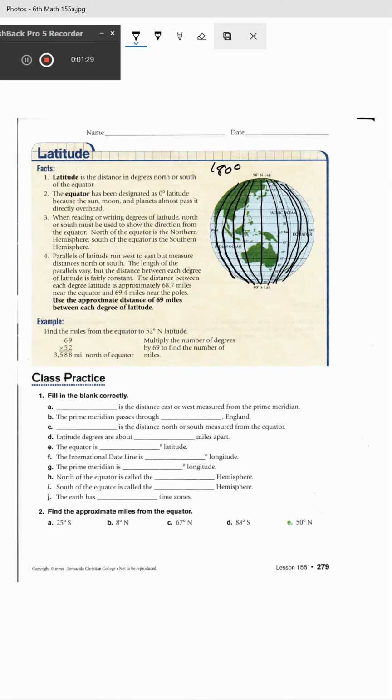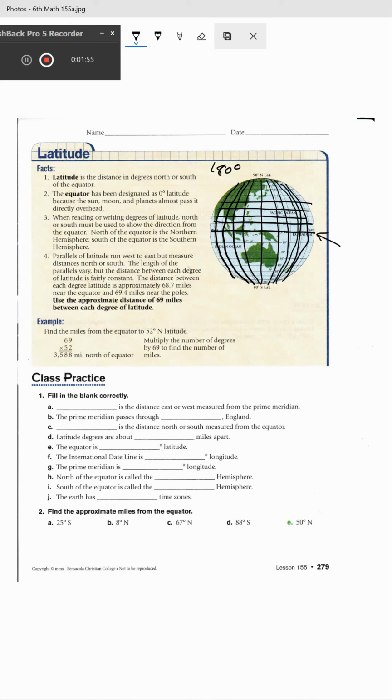Today we're doing lines of latitude. They're the lines that go this way. All right, these are the lines of latitude. The one in the middle you already know. You've learned from history and geography. That's the equator. And then we've got the Tropic of Capricorn, the Tropic of Cancer. We got Arctic Circle, Antarctic Circle.